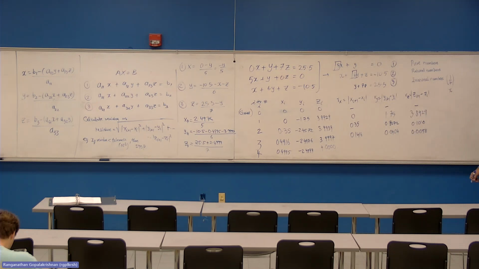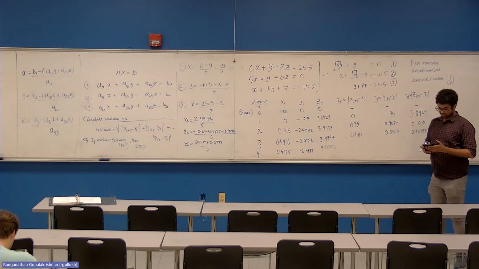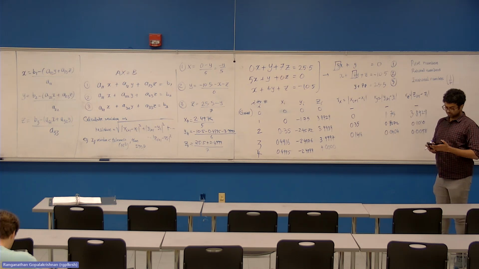Why am I asking you to maintain 4 decimal points in intermediate calculation? Because I just say so and you have to follow.